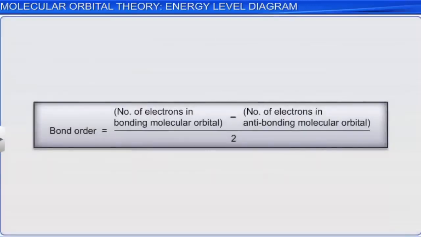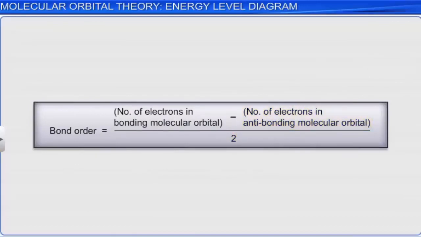Thus, we can calculate the bond order in an oxygen molecule using the formula: bond order is equal to the number of electrons in the bonding molecular orbitals minus the number of electrons in the antibonding molecular orbitals, divided by 2.